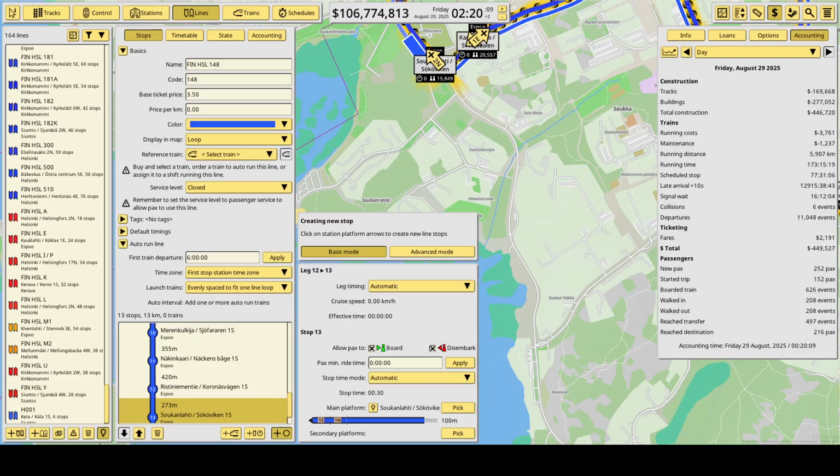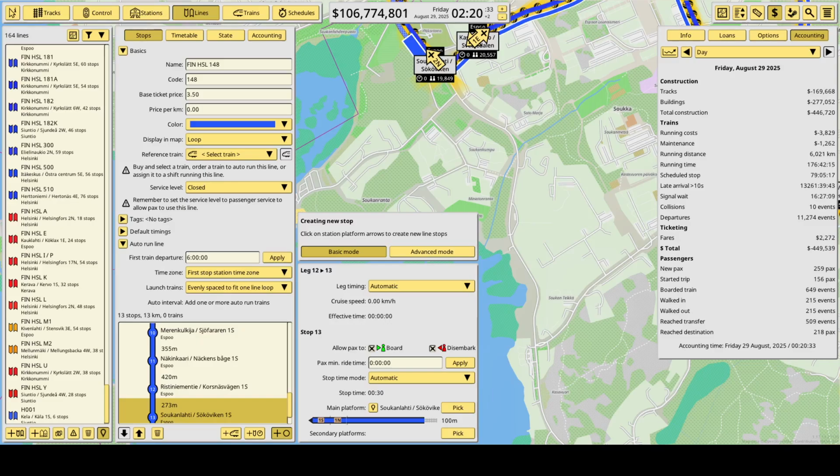Soukanlahti is there, and then Kaskilaakso is before crossing where the road turns right, but it's not that far out. So where is it then? Interesting.